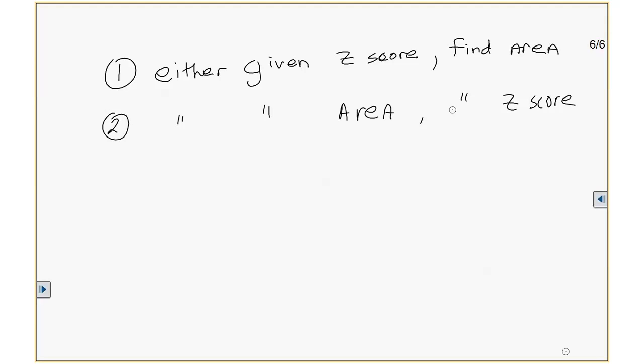So you need to write that down because in this section, I thought it was in the later section. They're either going to give you the area or they're going to give you a z-score. And they're going to call the z-score the standard score. So with that, do the other two problems.